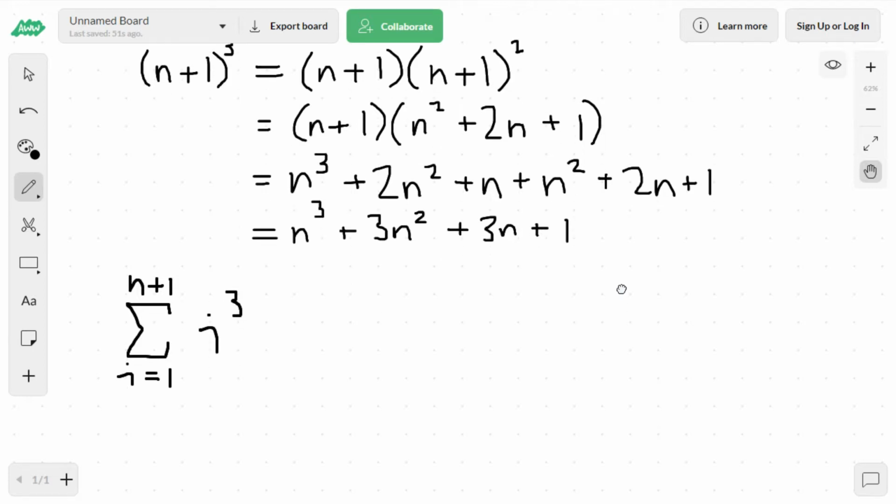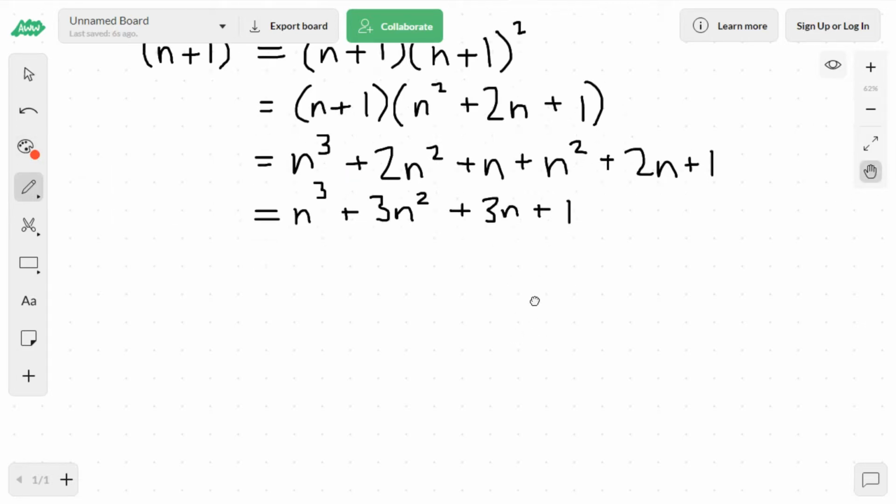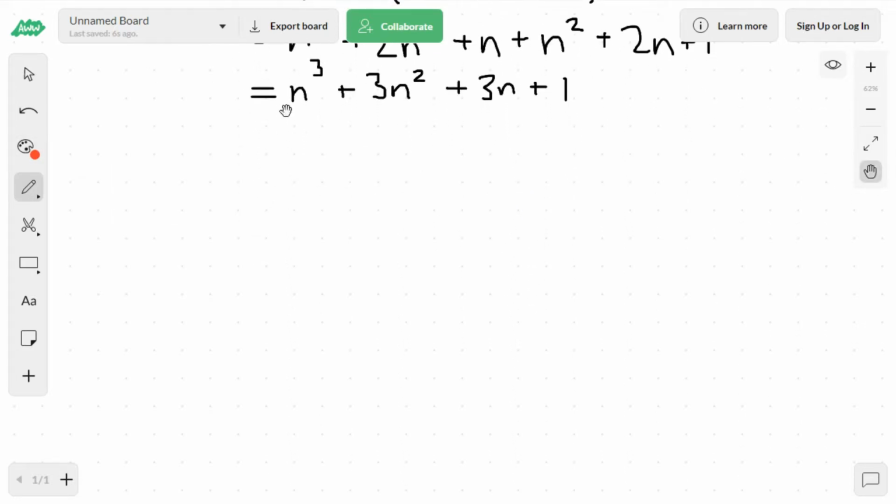So we want to go from 1 to n plus 1. I'll just cut this out for now. We'll switch colors and put that stuff down here. Just to put this into context, this is n plus 1 cubed.